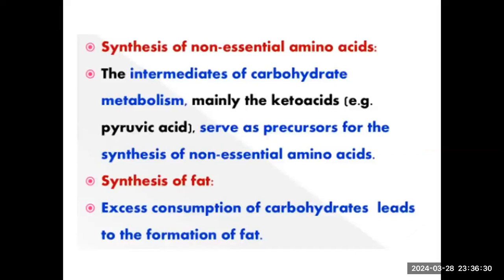That pyruvic acid can either, under anaerobic condition, be converted to lactic acid, or in the presence of oxygen, be converted into acetyl coenzyme A, may go into the TCA cycle, or may go for the synthesis of fat. So pyruvic acid serves as a precursor for the synthesis of non-essential amino acids, as well as for the synthesis of fat. Excess consumption of carbohydrates leads to the formation of fat.